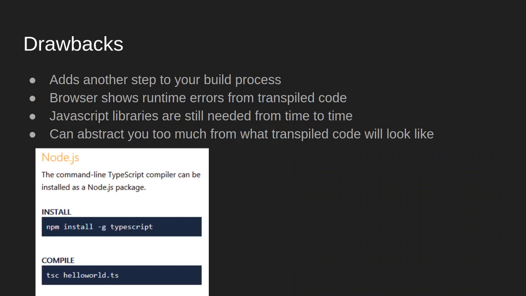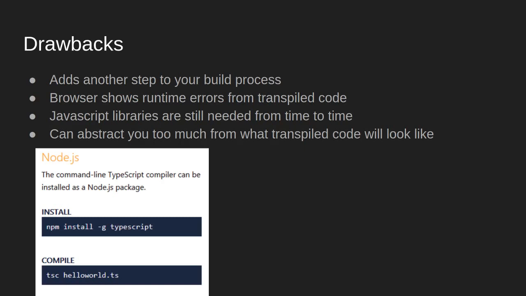So there are some drawbacks to using a transpiler. First off, it adds another step to your build process. One of the main drawbacks is that your browser will show the runtime errors for a transpiled JavaScript program, and most of these transpiled programs will be unreadable.